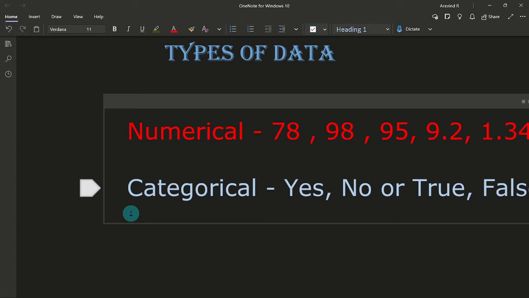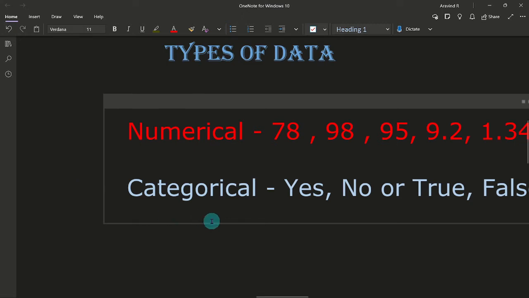So we need to find out our data type, and based on it we choose the model for testing, like the Q test or F test. We have lots of statistical tests, and we will go further in later sessions. Before that, we will look at the types of data now.